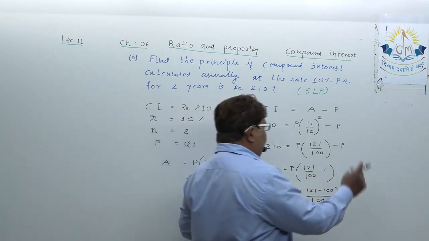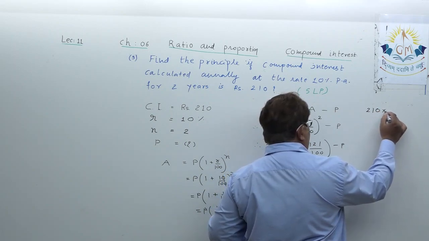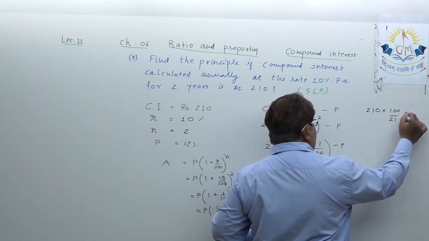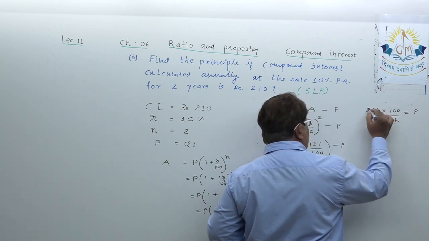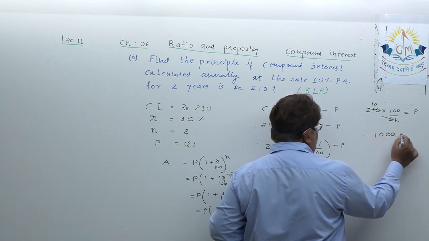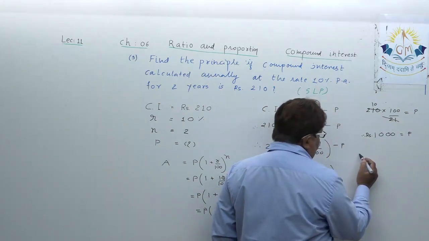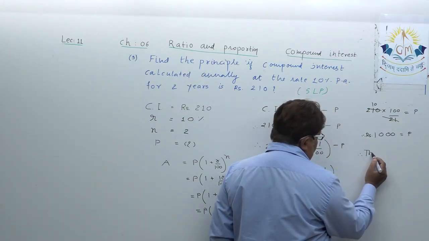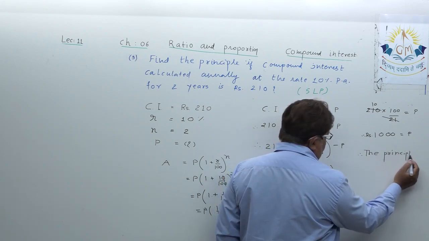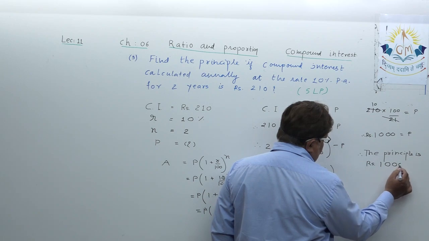Now just take the reciprocal. When you transfer on this side, into 100 upon 21 equal to P. Just cancel it. So you got 1000 equal to P. This many rupees. So at last you will write, therefore the principal is rupees 1000.